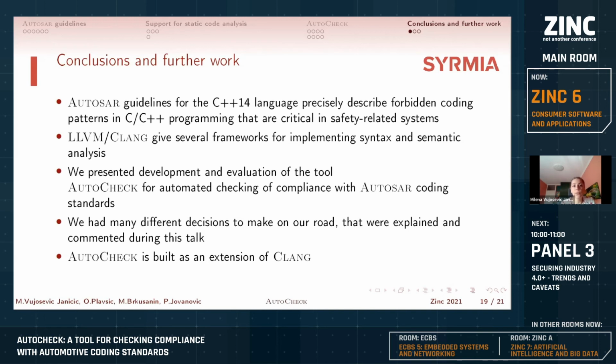There were many different decisions to make on our road, some of which I discussed and explained during this talk. And our first important decision is that the tool AutoCheck is built as an extension of Clang.